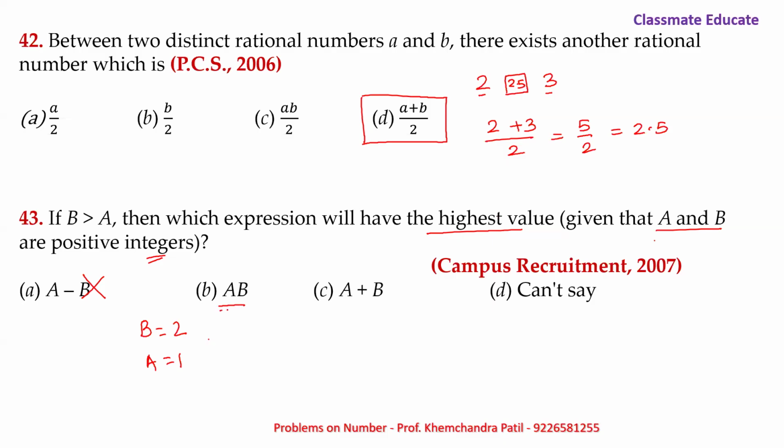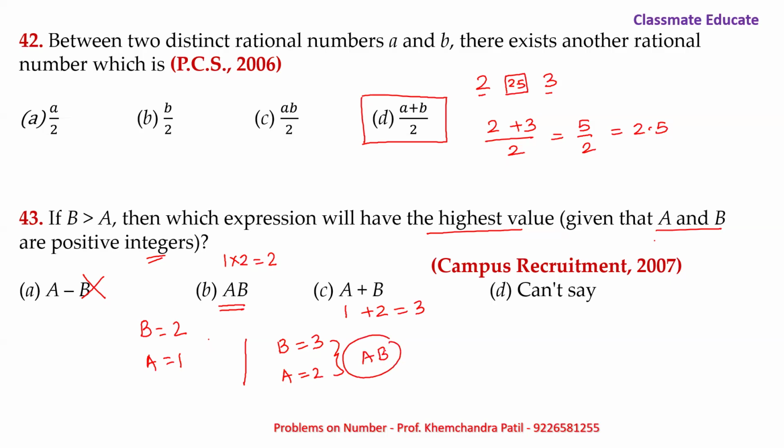So what will be A into B in this case? That is 1 into 2, that is equal to 2. And what will be A plus B? 1 plus 2, that is equal to 3. But if you take other values, if I take B as 3 and A as 2, in this particular case AB will have the highest value.